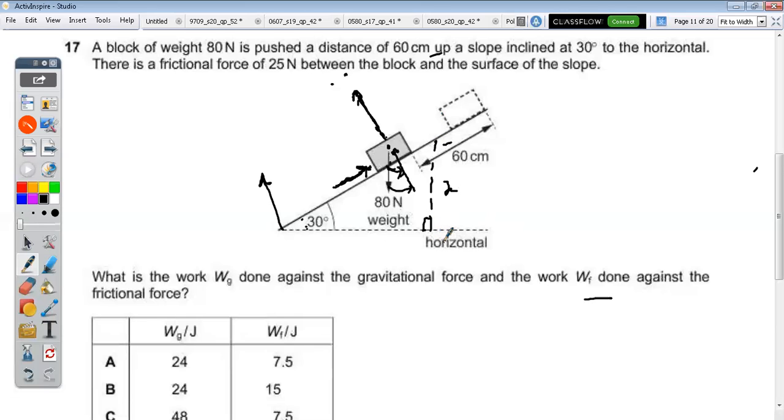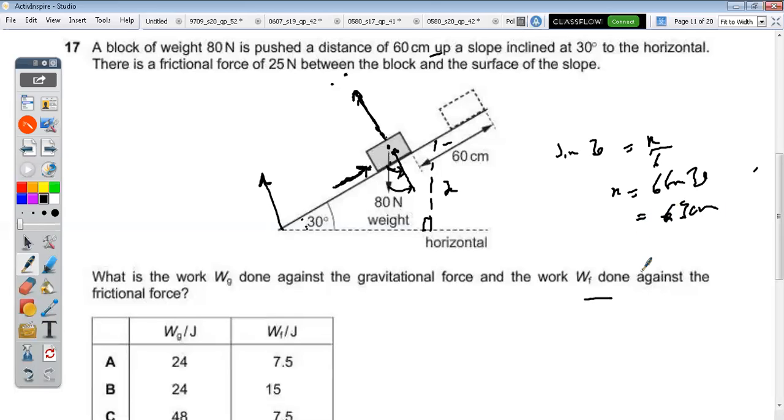So yes, I agree. Okay. So which would be sine? Sine 30 is equal to x over 6, which is equal to 6 sine 30, which is 3 centimeters.